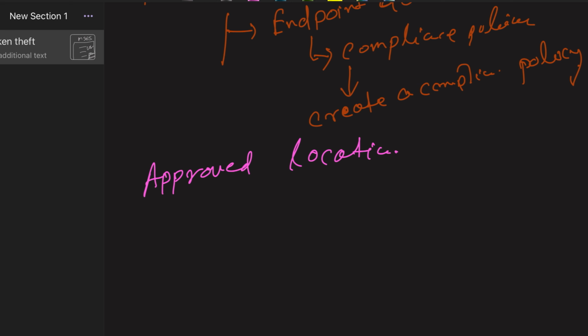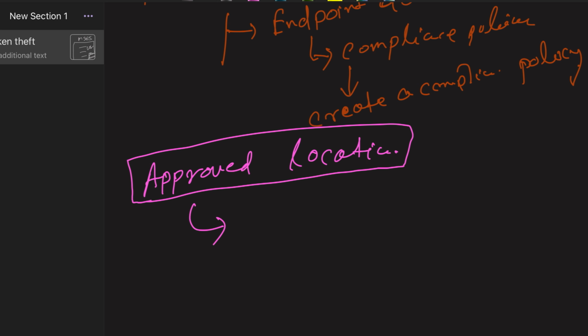What approved location does is that people can use the token only from a particular location. So even if your token got stolen by somebody in some other country or geography, they cannot use it, because you have approved that token to be used only in a particular location.